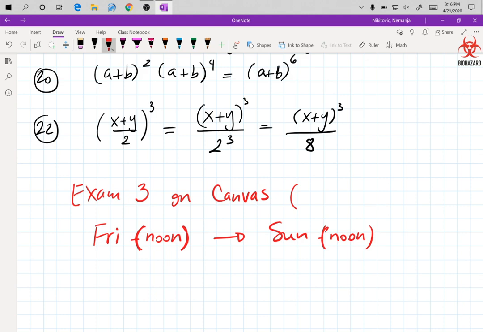I haven't used Canvas before. Now I am forced to use it, so I don't want to get anything wrong. So once you go into your Canvas course for algebra, there we go, you will click on assignments, and it will show under assignments as exam 3.